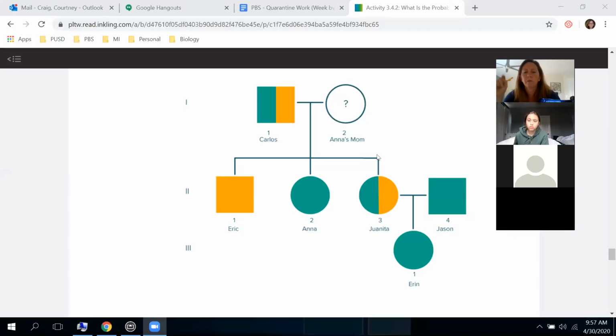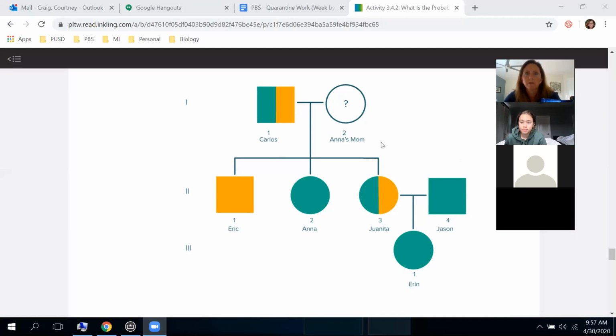Okay, that's weird. You guys saw all of that, yes? Okay. Can you see me now? Can you see my computer screen with a pedigree on it right now? Okay. I think I just disconnected my phone, not realizing it, which is fine.